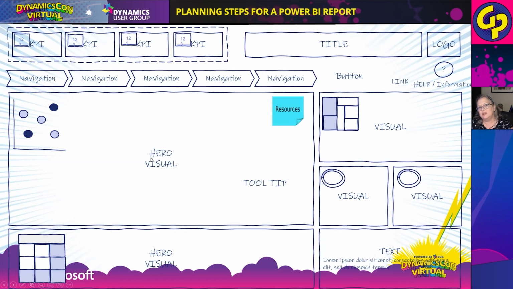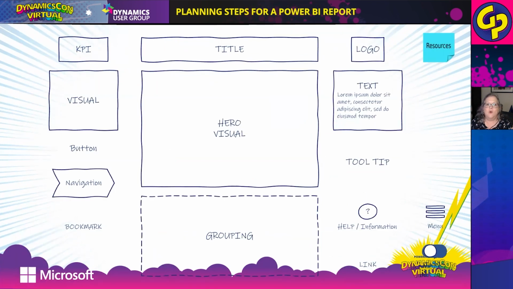But he draws out what he wants it to look like, with KPIs across the top left, then a title of the report and the logo, a help button, and some navigation across the top. This would be where you have the one-page experience with other pages that feed off of it to help validate and support it. This one looks more like what you would do for a more novice user: you're keeping it cleaner, and you have more white space on the back.